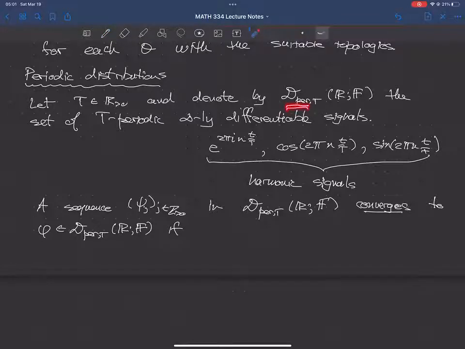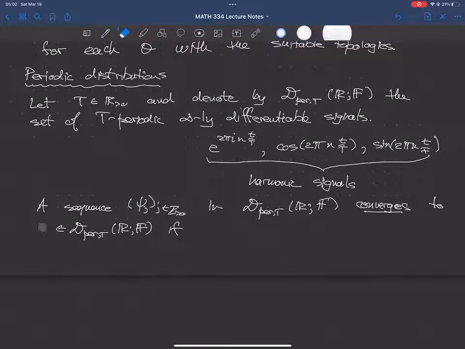But in some sense they kind of do, as a result of their T periodicity, because all we really need to know about one of these functions is its values on the compact interval, say 0 to T.